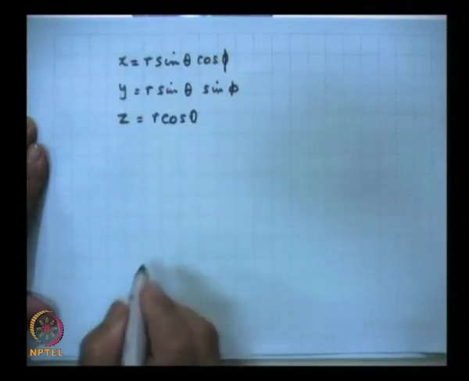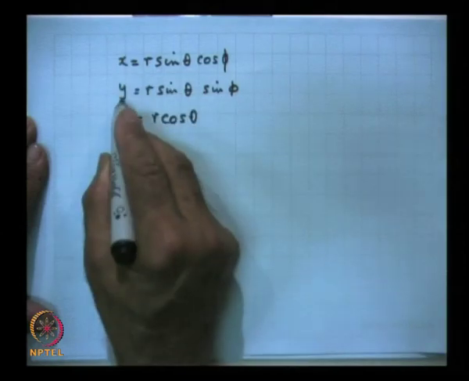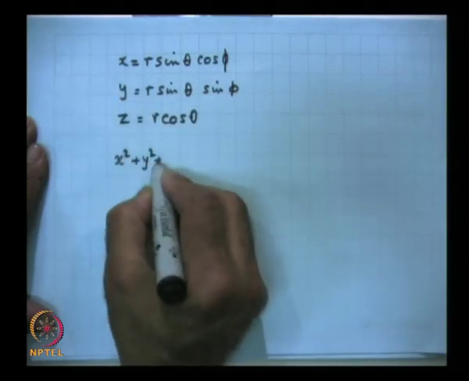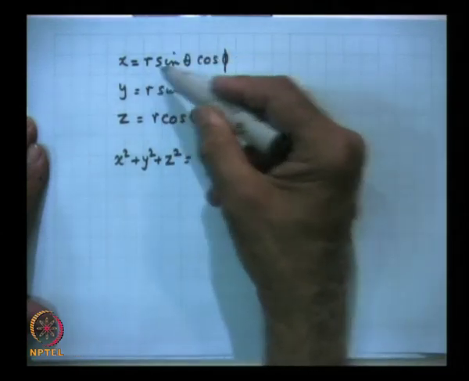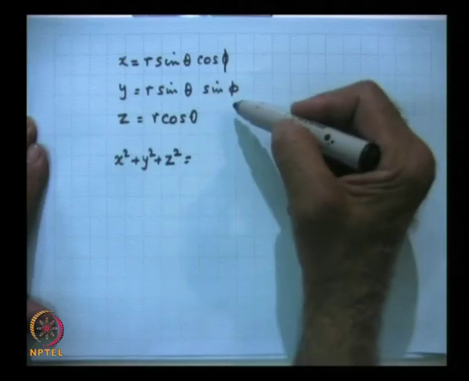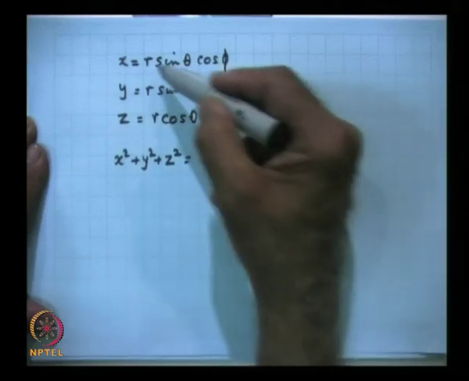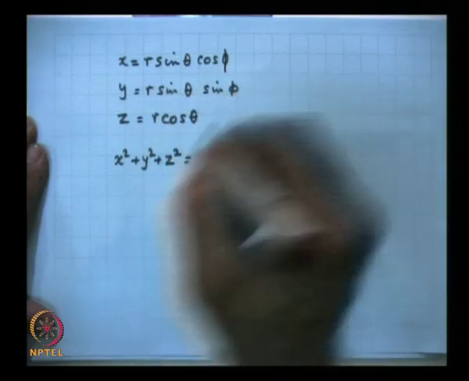If you square and add them, you will obtain x squared plus y squared plus z squared. Please see this: x squared plus y squared will be r squared sin squared theta, because cos squared phi plus sin squared phi becomes 1. So, r squared sin squared theta plus r squared cos squared theta will be just r squared.